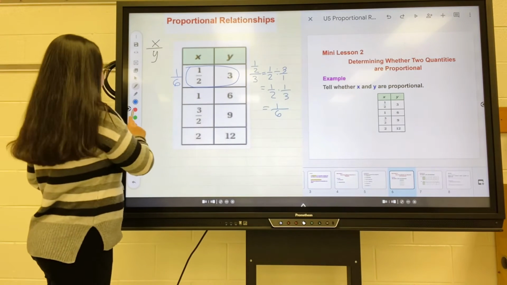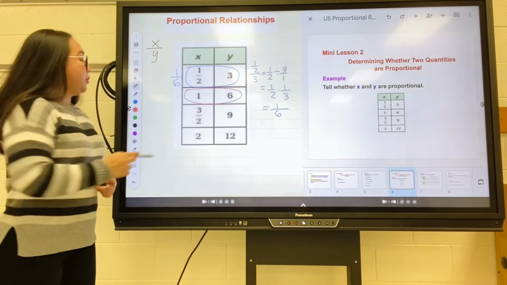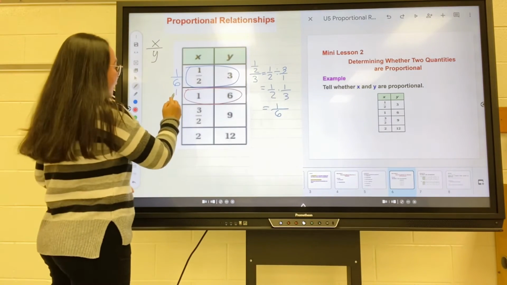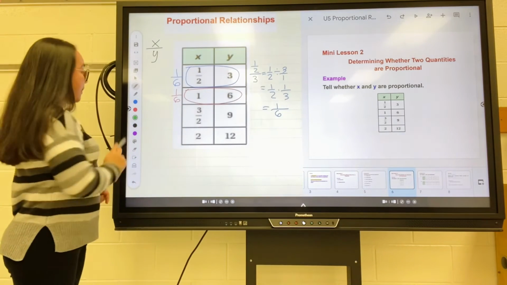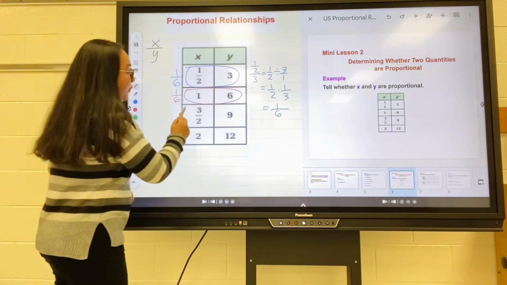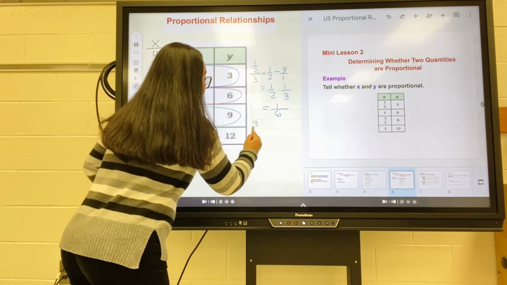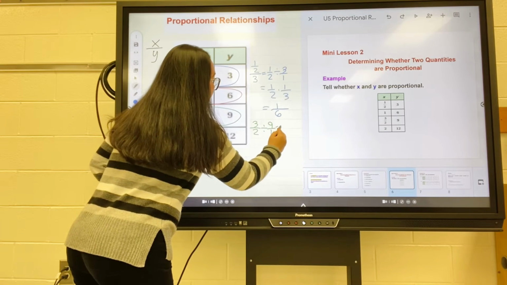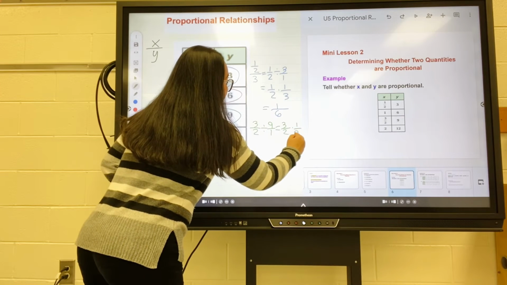Next pair, we have 1 and 6. You notice that 1/6 is in the lowest terms, so just write down 1/6 on the side. Next pair, we have 3/2 to 9. So write down 3/2 divided by 9 over 1, which is 3/2 times 1 over 9.